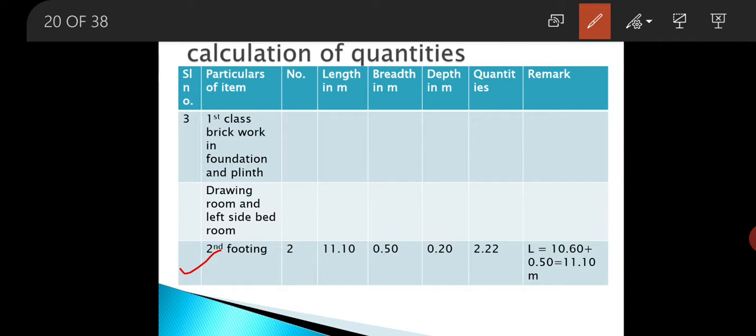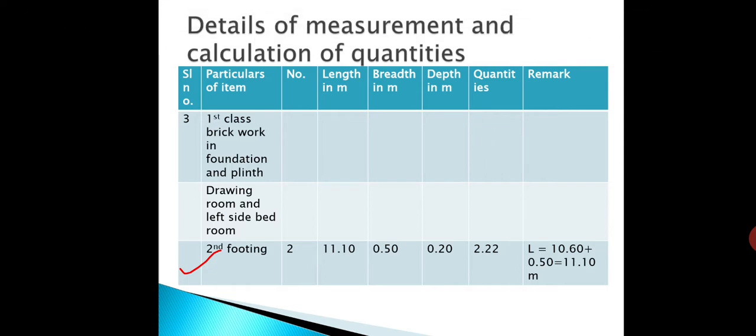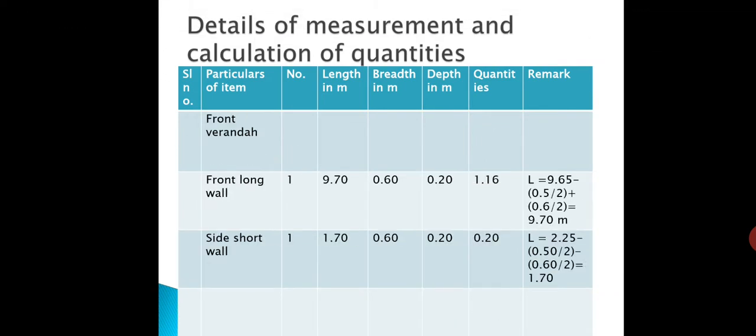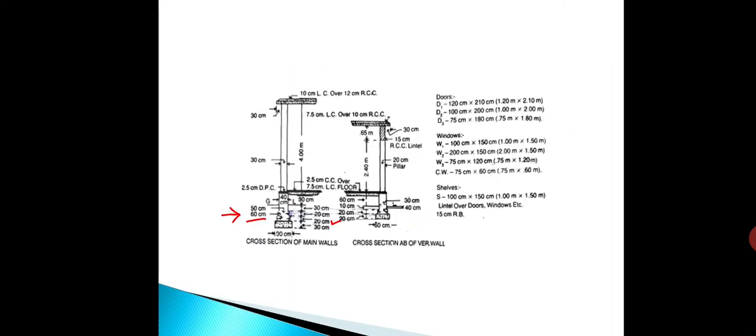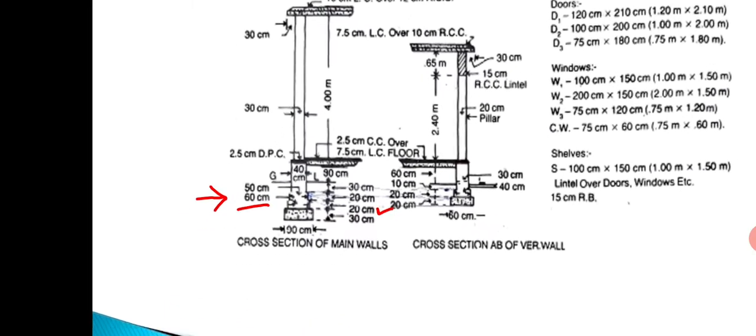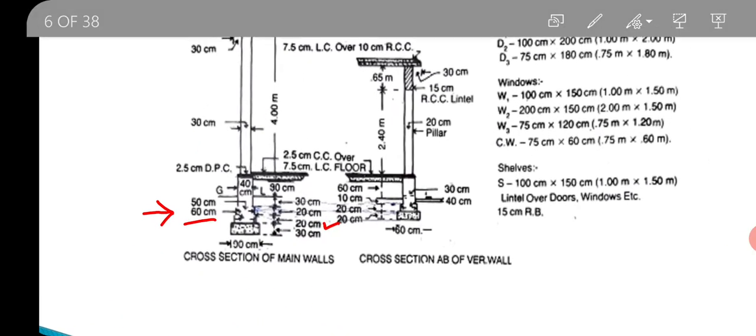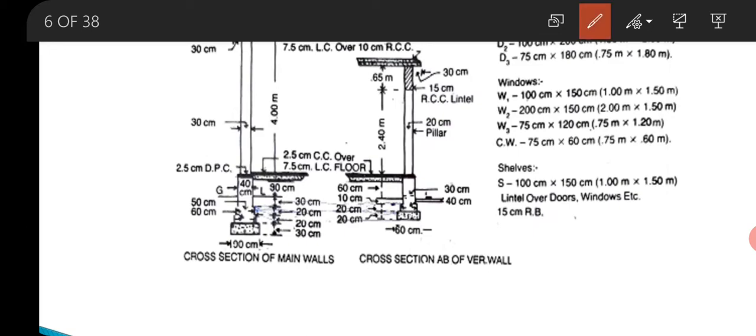Okay. So let us move to the sectional diagram. What is the width of the second footing? Now we will go for calculation of second footing. So second footing is of width 50 centimeter and thickness 20 centimeter.